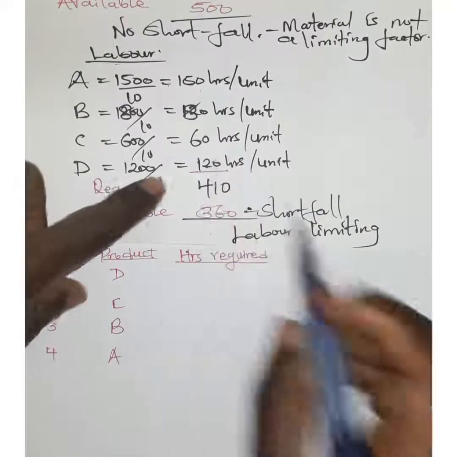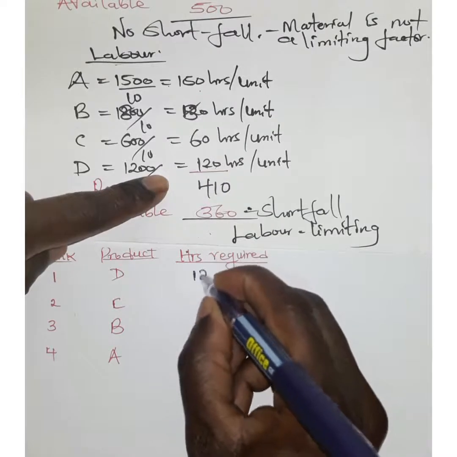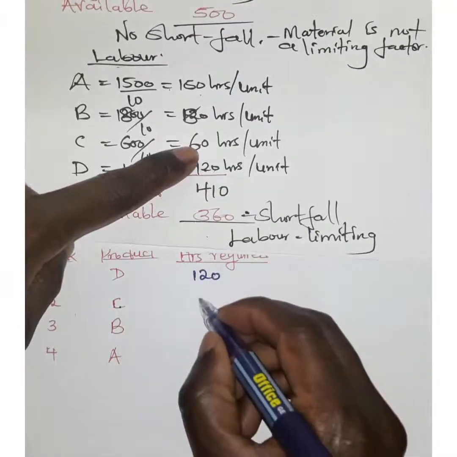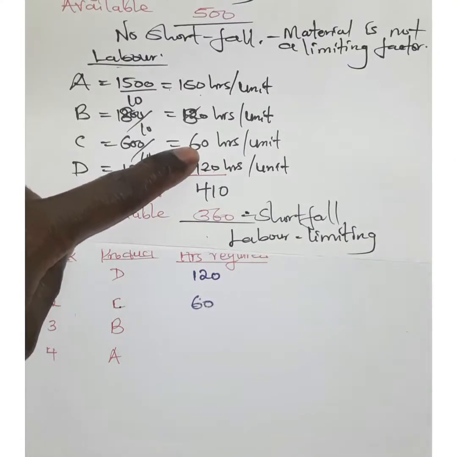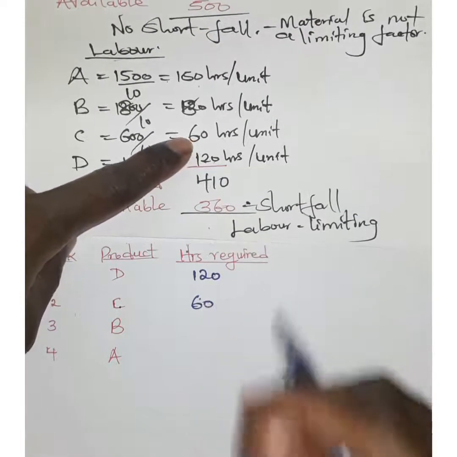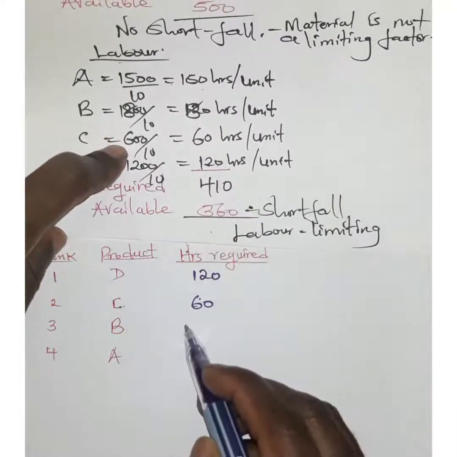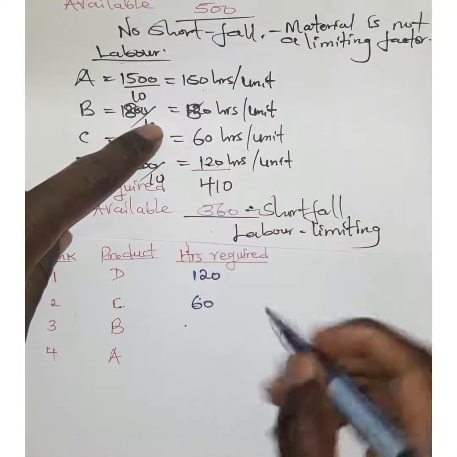For D is 120 units. For C it is 60. Then for B, the next one should be 80.